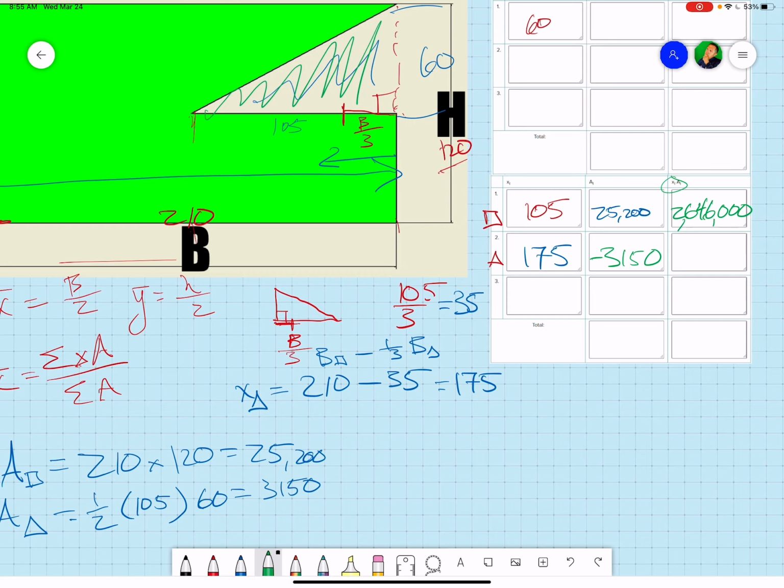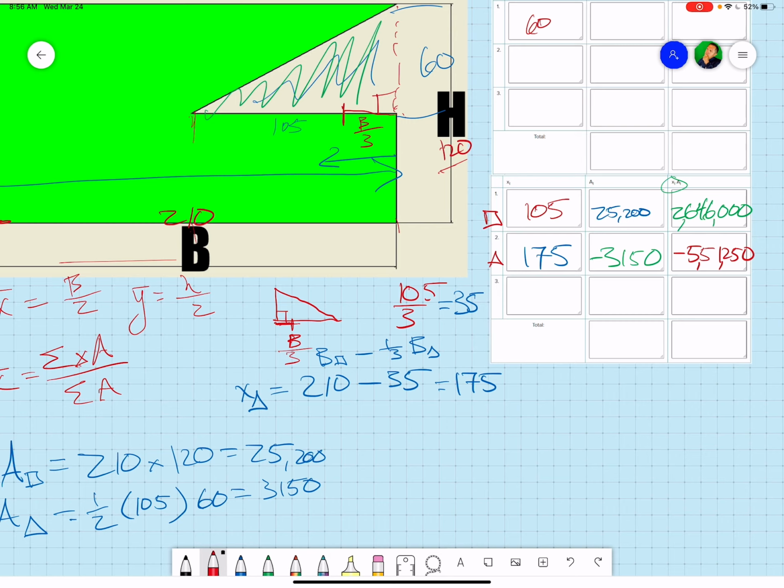So 175 times a negative 3150, and I get a negative as well, 551,250.